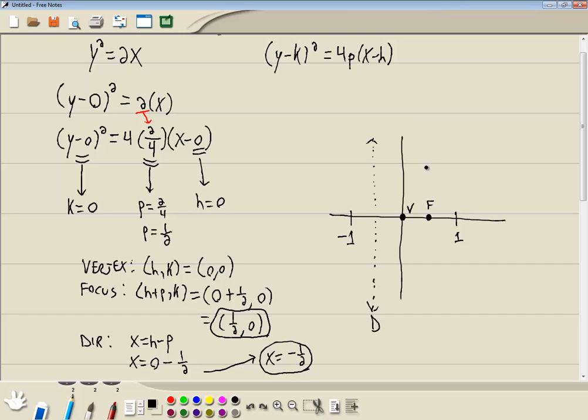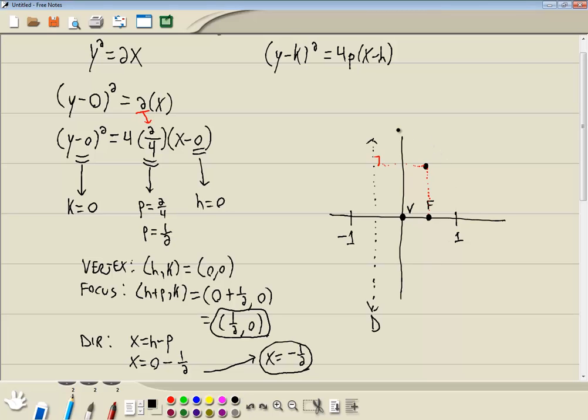That's probably about as good as I'm going to get, eyeballing it. That'd be a point. By definition of the focus and directrix, that distance over to my directrix, forming a 90-degree angle, and the distance from my point to the focus should be the same. So if this distance is 1, this distance should be 1.